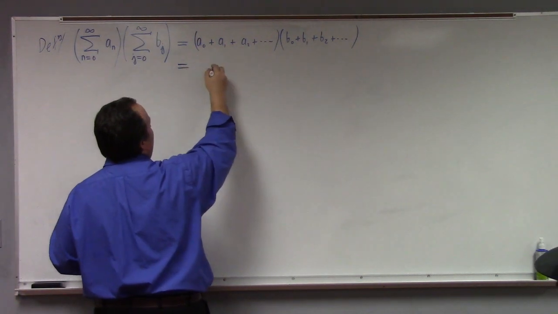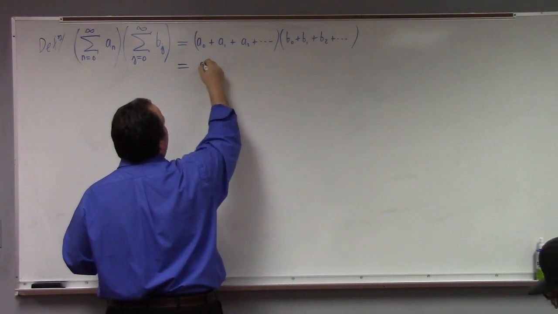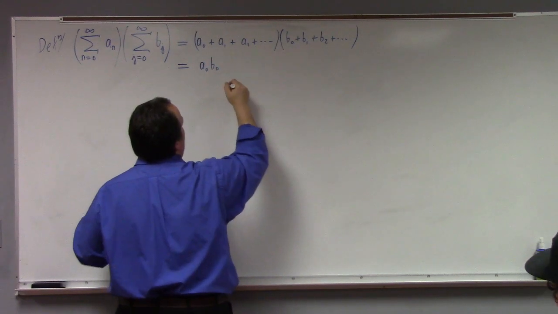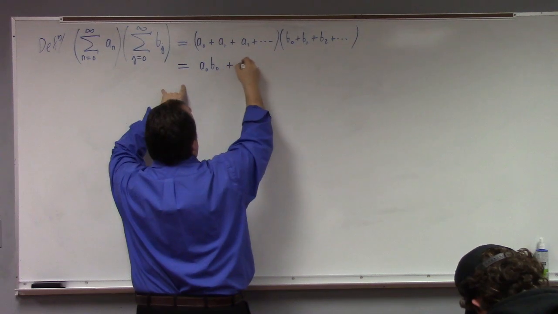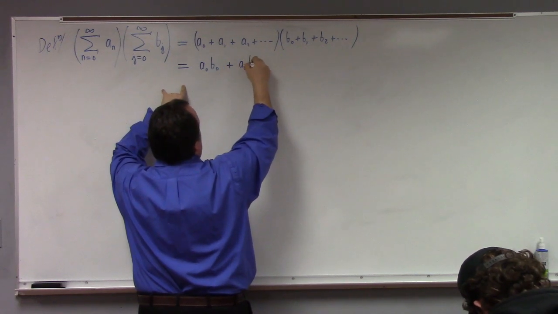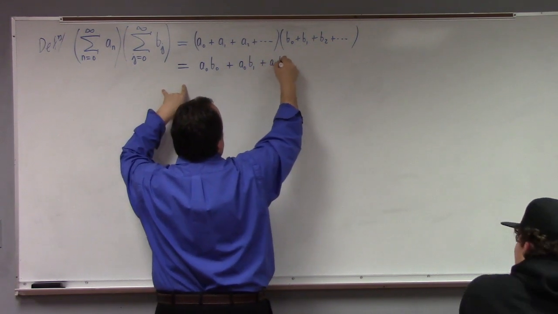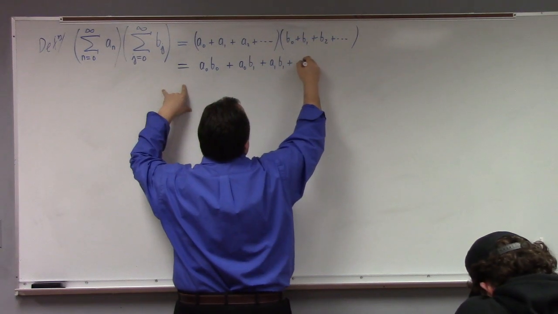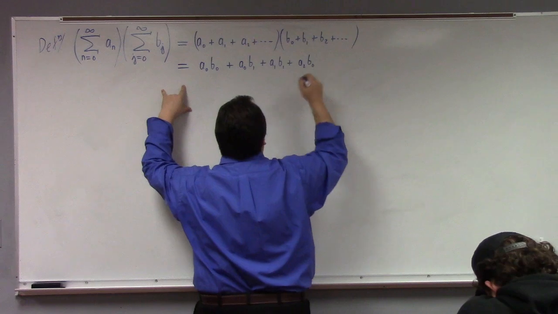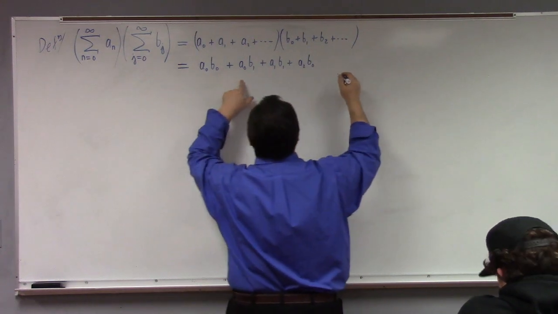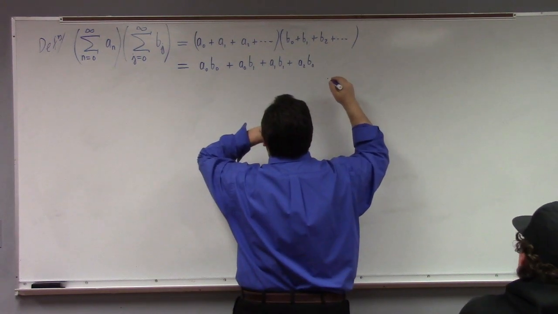So let's see here. A0, B0. That's the lowest order thing, right? And then what I would do is look at A0, B1 plus A1, B0. Oh, my bad.